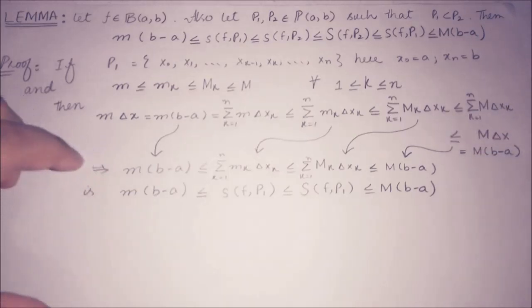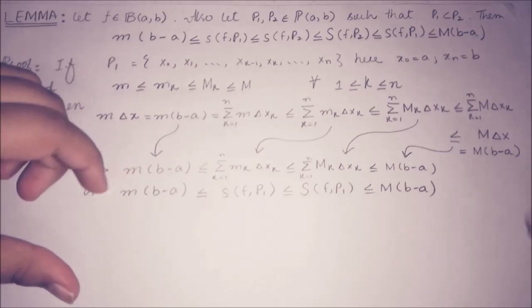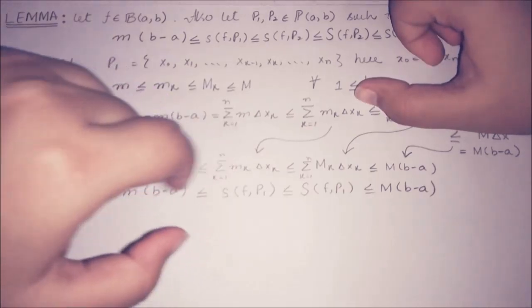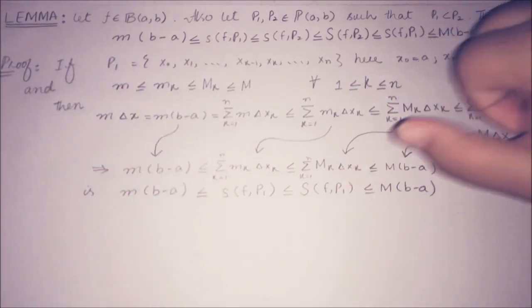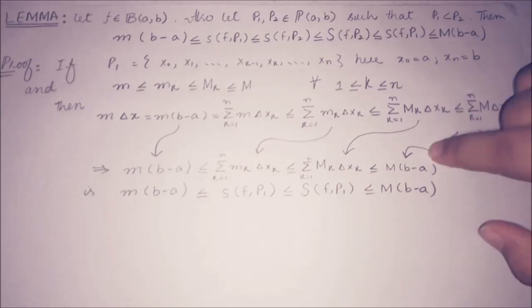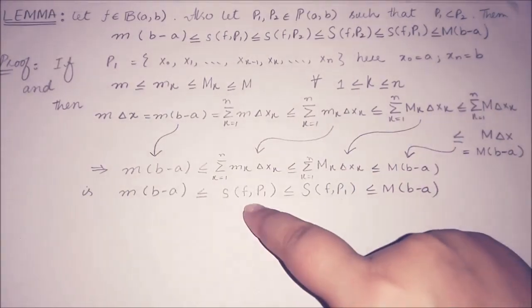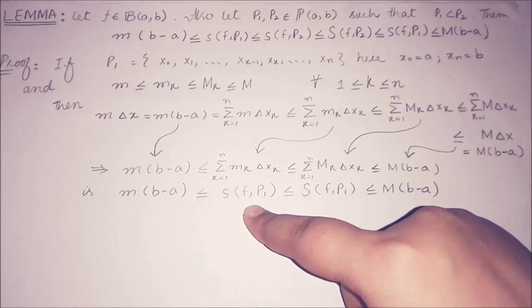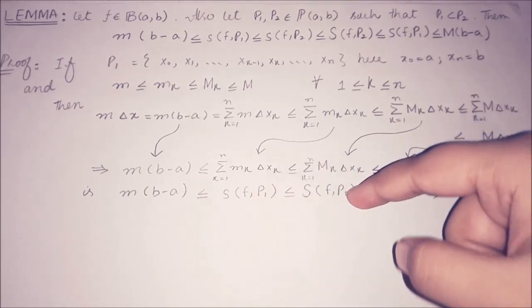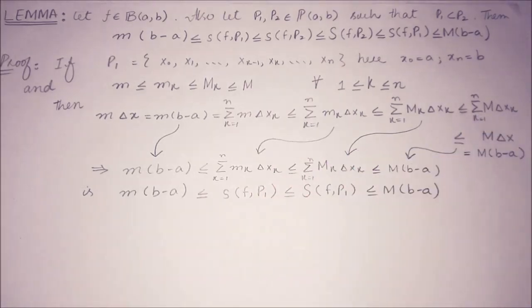So now m(b minus a) is this part, the sum of mk delta xk is this part, and M(b minus a) is this. This is the definition of the lower Riemann sum, and this is the definition of the upper Riemann sum. So we have seen this part in the previous video.